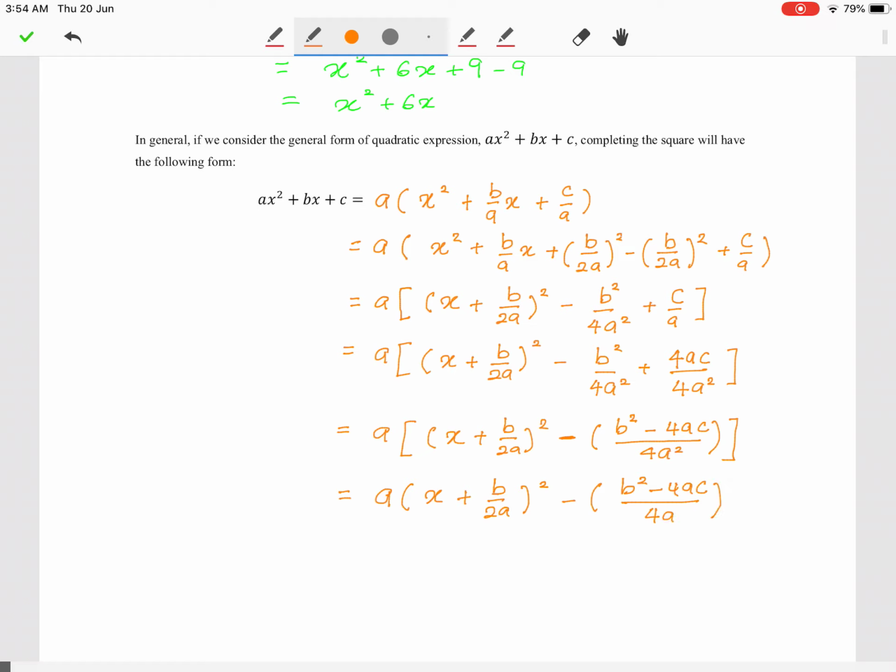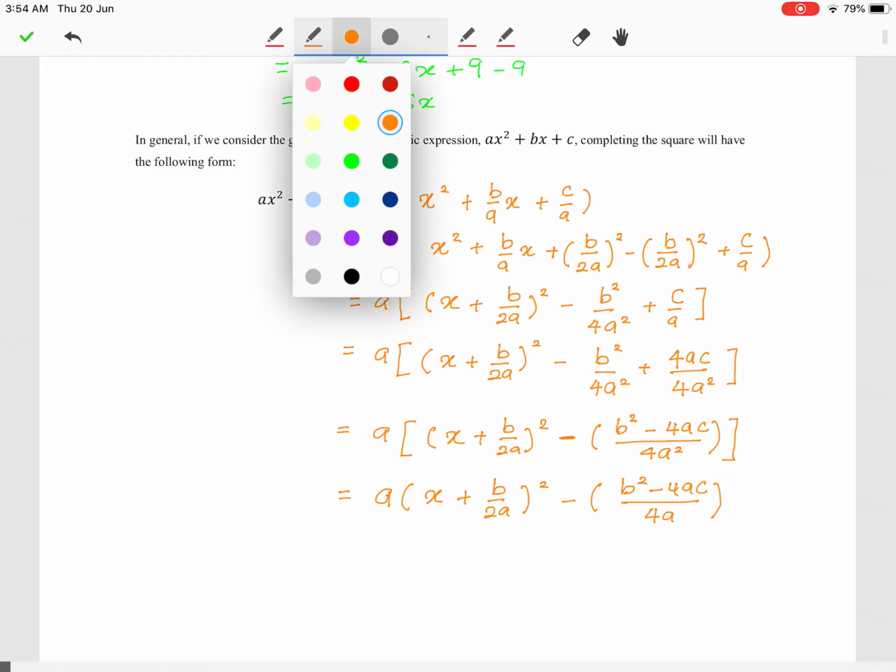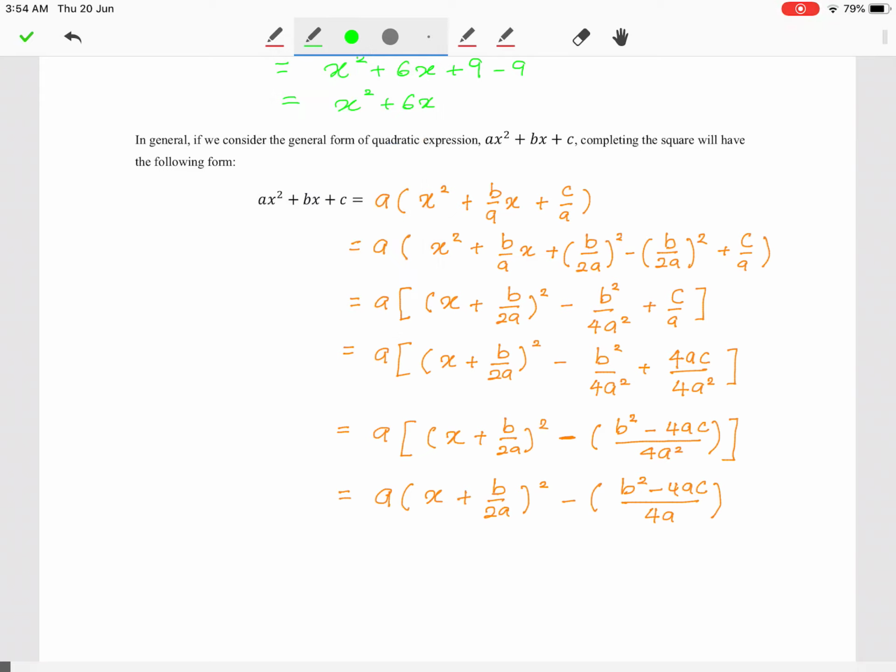Alright, so technically when you do the completing square for the general form of a quadratic expression, you just re-express this as a times x plus b square plus some q. Okay, so that is the form.